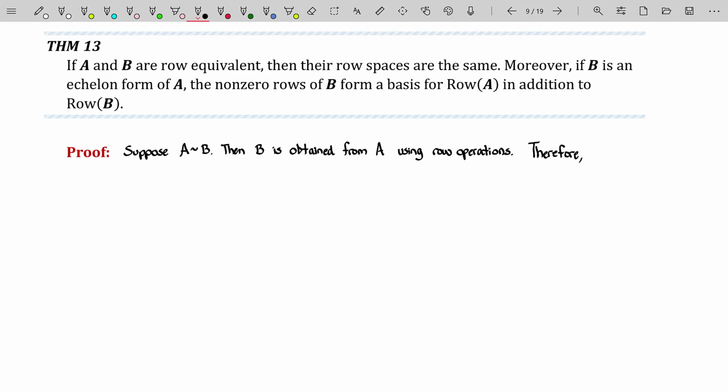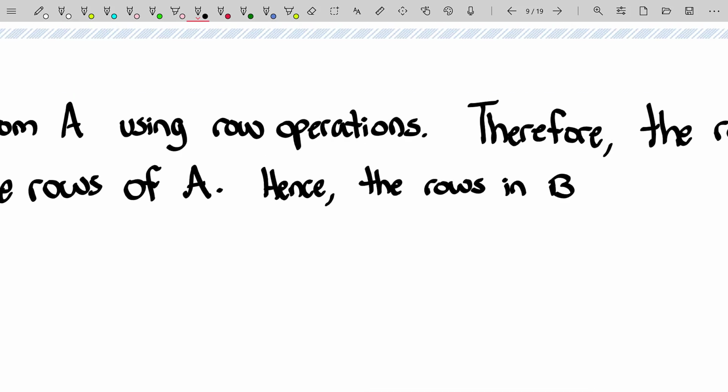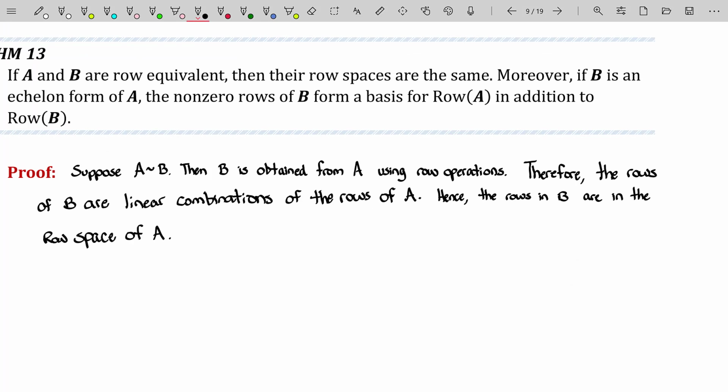That is, the rows of B are linear combinations of the rows of A, and technically vice versa. Well, if the rows of B are linear combinations of the rows of A, and the row space of A is the set of all linear combinations of the rows of A, that implies that the rows in B are actually in the row space of A. Therefore, the row space of B is a subset of the row space of A.